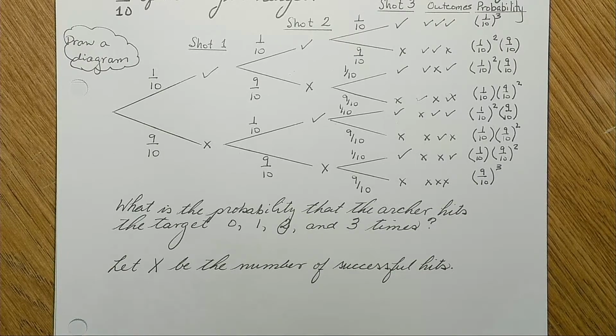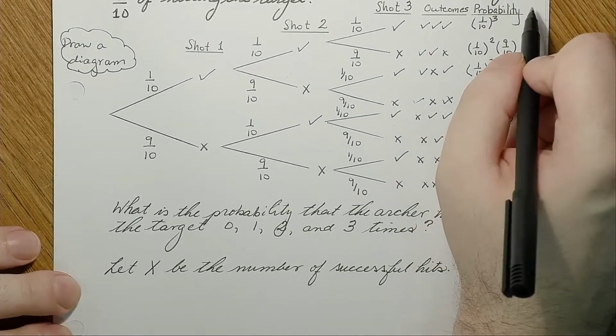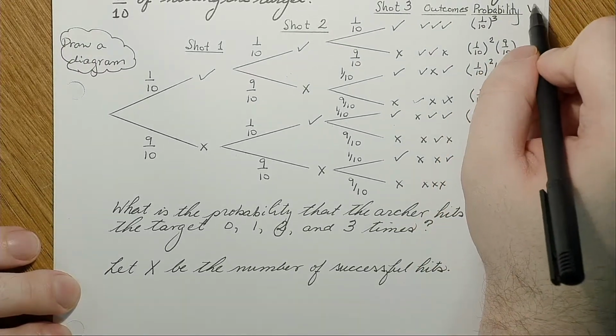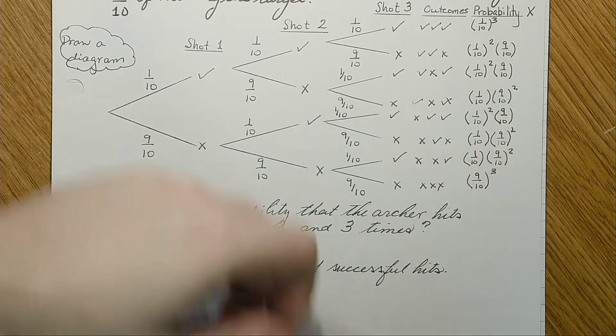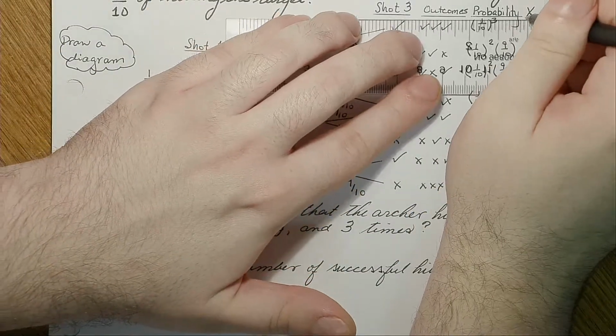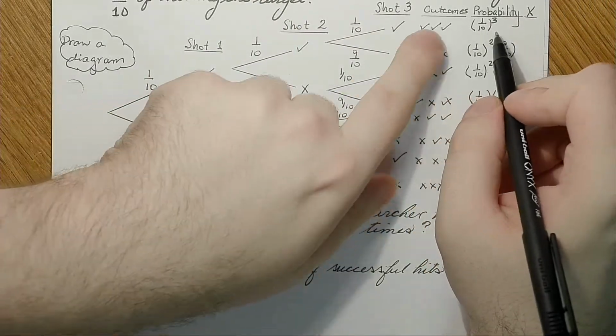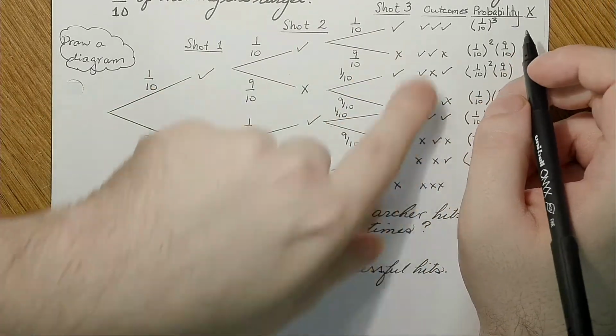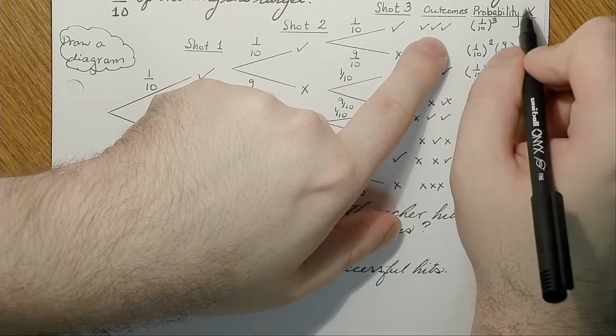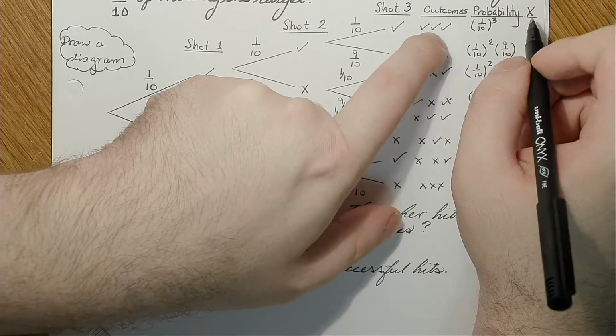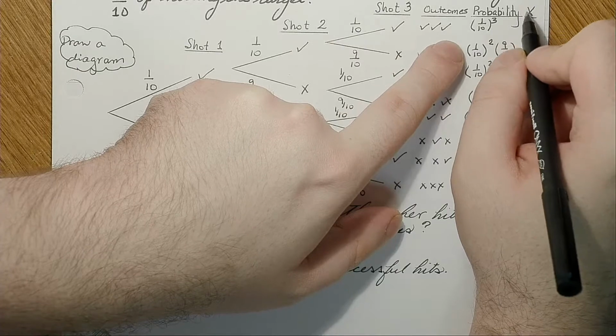So we'll write x over here, and the value of x over here. On this one, there are 3 successful hits. So the value of x should be, what do you think in the chat? What value should x be?